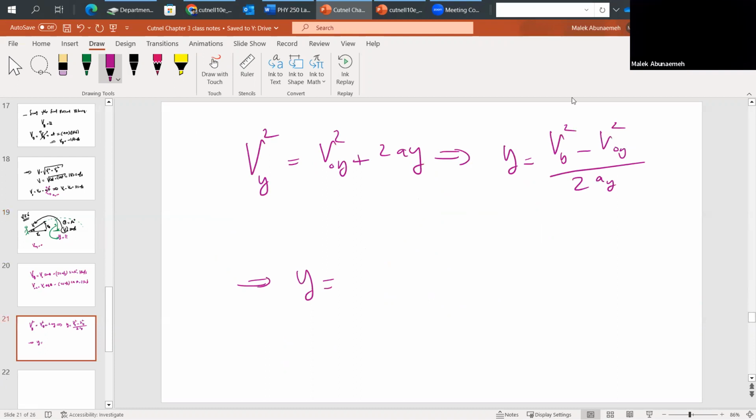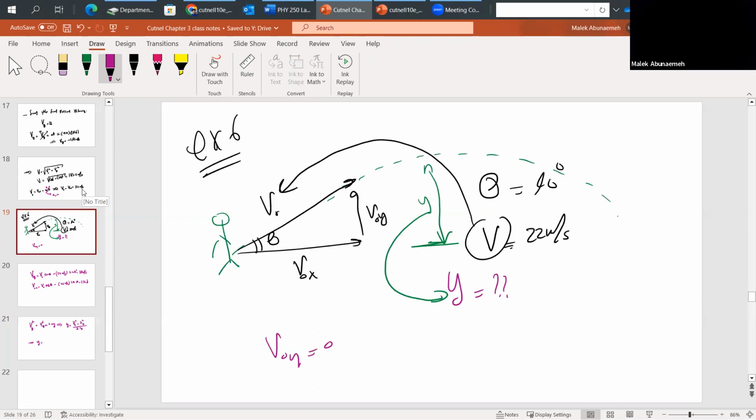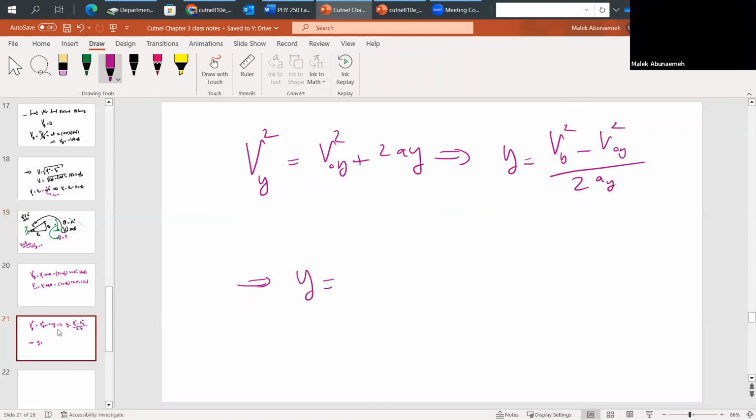Your v of y, your final velocity, is going to equal 0. That means your y is going to equal 0 minus 14 meters per second, squared, divided by 2 times 9.8 meters per second squared.